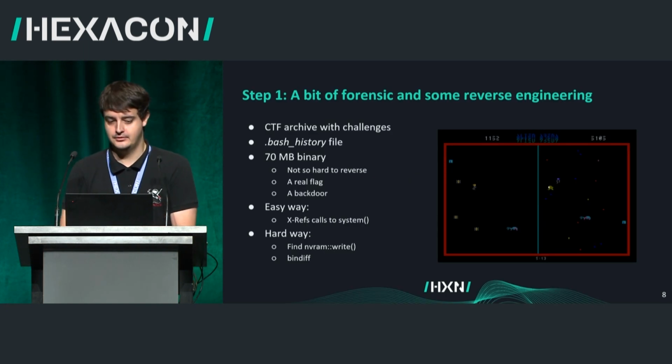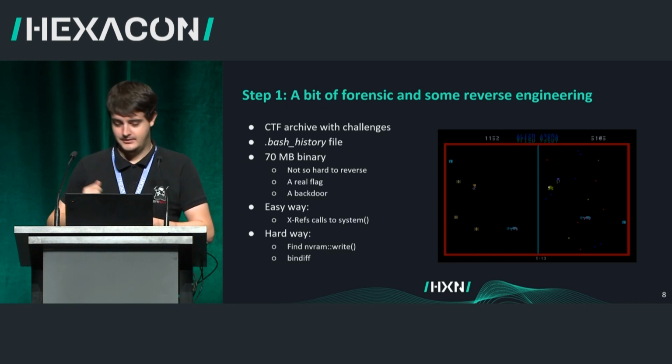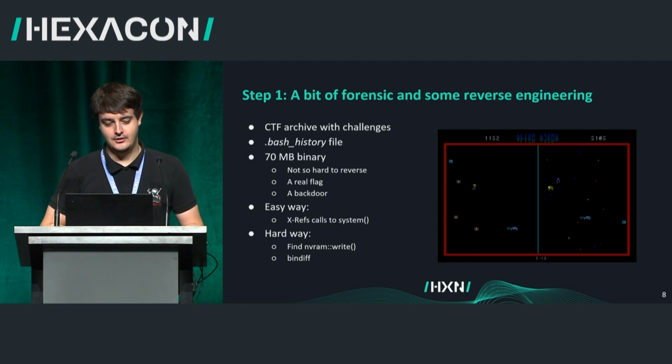The first step: you receive the challenge archive from your friend, which consists of a few files and one file that is the bash history, the commands he ran. That leads you to a large binary, which is a game emulator of a very old game, as you can see. The goal was to find a backdoor inside that binary.